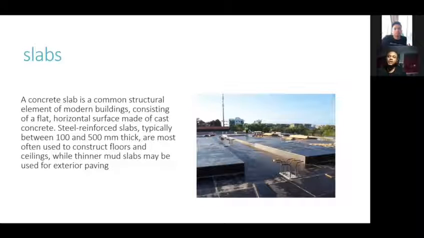A concrete slab is a common structural element of the modern building, consisting of a flat horizontal surface made of cast concrete. Steel reinforced slabs, typically between 100 and 500 mm thick, are most often used to construct floors and ceilings, while thinner mud slabs may be used for exterior paving.